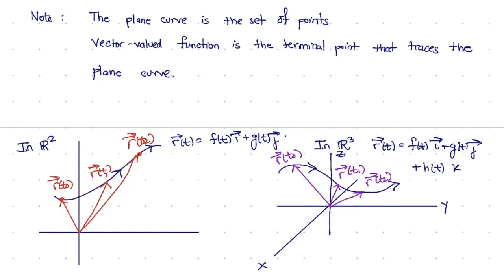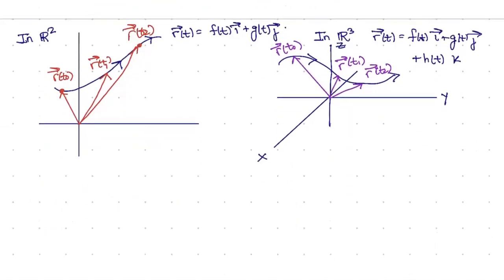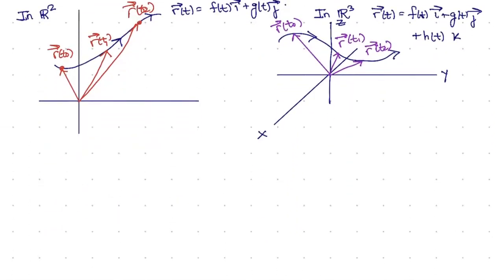So let's take a look at a few examples of parametrized functions and vector valued functions in the context of plane curves. So suppose that r of t were to equal sine of t i plus cosine of t j.